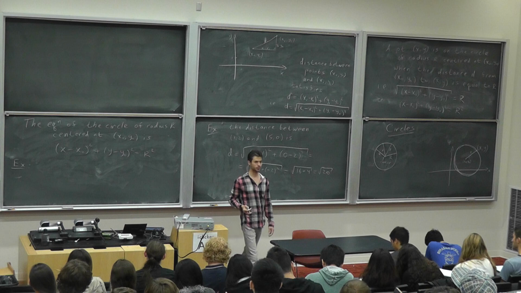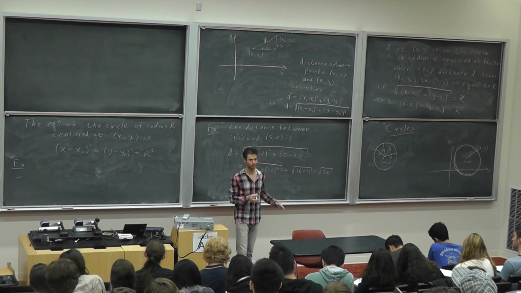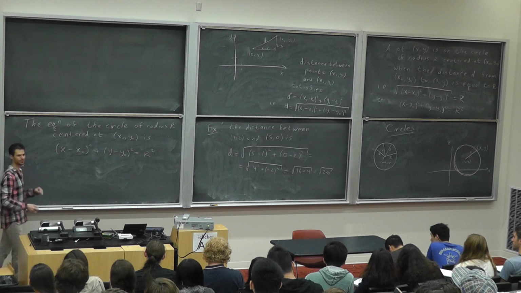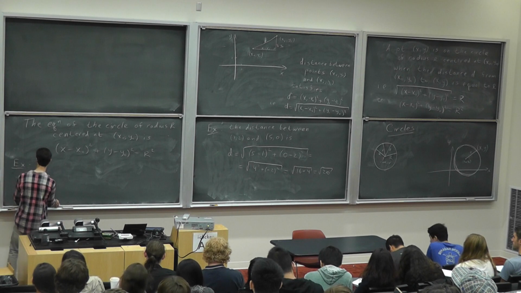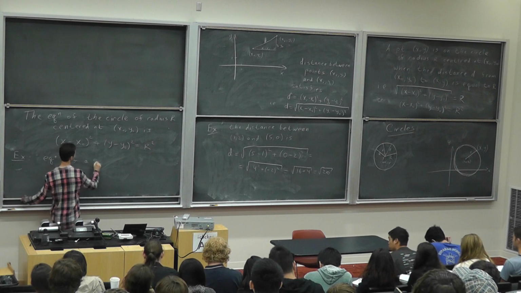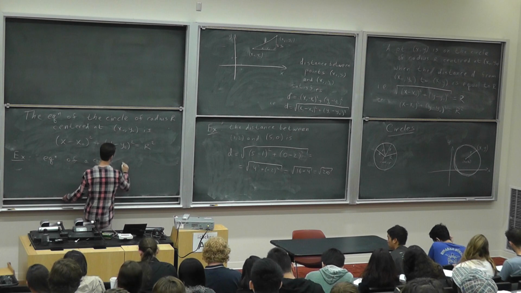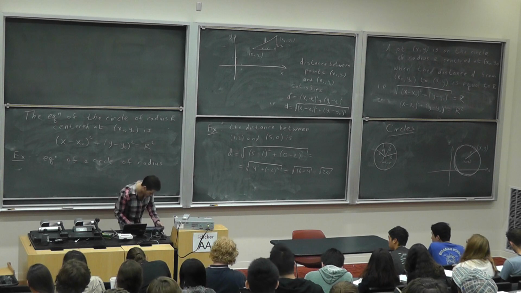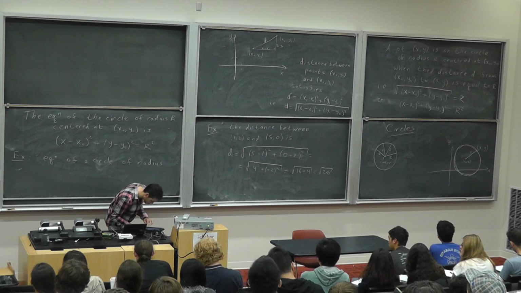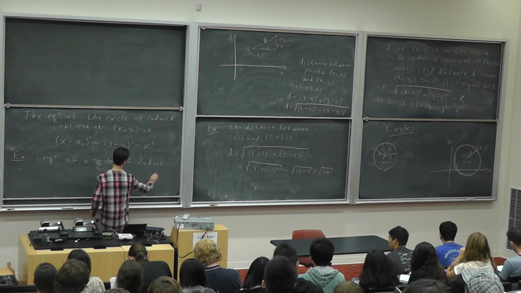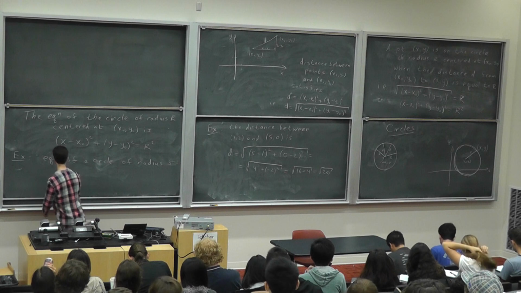And let's start with a simple example. We'll start with the simplest possible example. What is the equation of a circle with such and such center and such radius? So the equation of a circle of radius 5 centered at 1, 2. She wanted some good numbers.